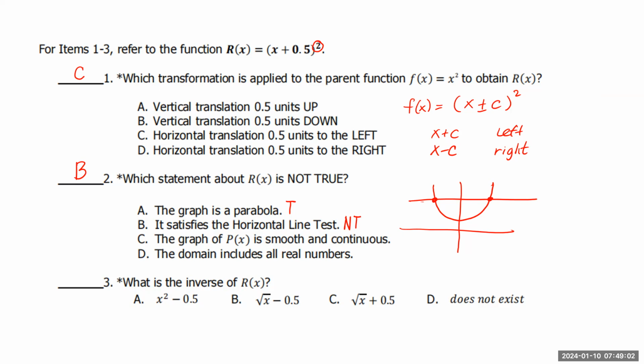So from our previous question, since r of x does not satisfy horizontal line test, okay, so ibig sabihin nun, r of x is not 1 to 1. So meaning if r of x is not 1 to 1, then its inverse does not exist. So our answer is letter D. So again, before solving for the inverse, you need first to determine if the function is 1 to 1.